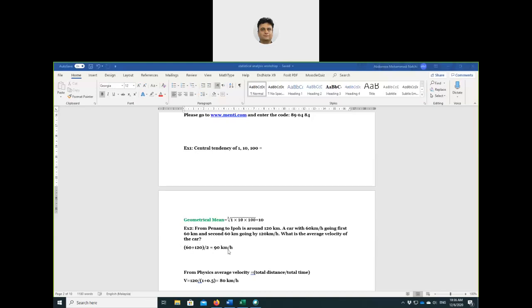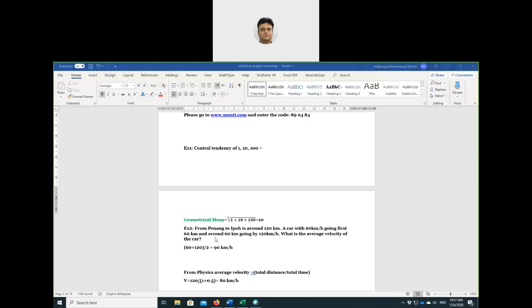You take this one. But come to the physics. The average velocity is total distance divided by total time. Total distance is 120 kilometers. The first 60 kilometers we went by 60 kilometers per hour, so 1 hour to pass the first 60 kilometers.